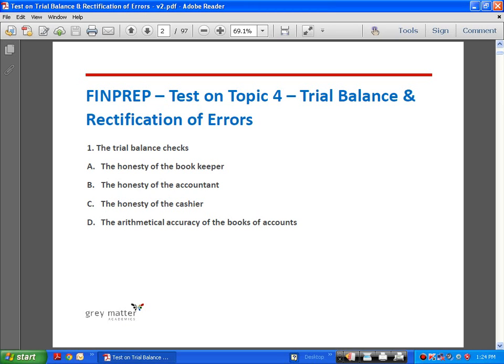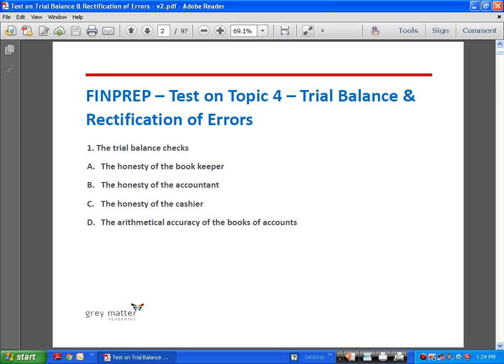So what we must keep in mind when we solve problems in this chapter is that for every error that is given to us in the problem, we must know whether it impacts the trial balance. Then, if it impacts the trial balance, we must know that we have to park the difference in a suspense account, and then we must pass the rectification entry so that we close the suspense account.